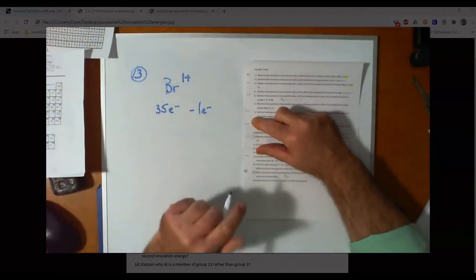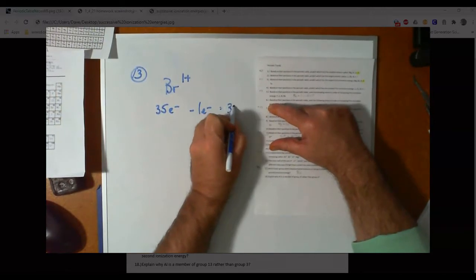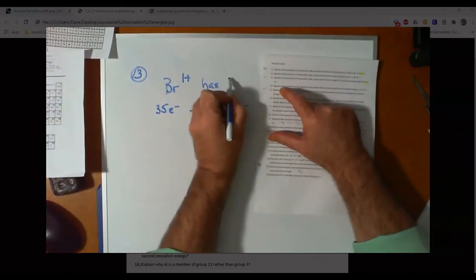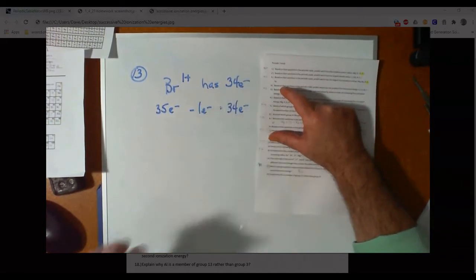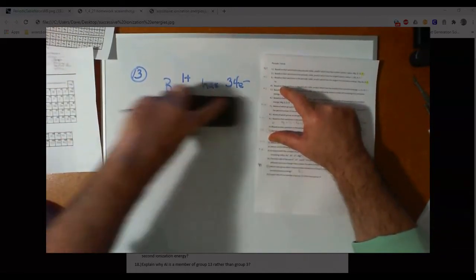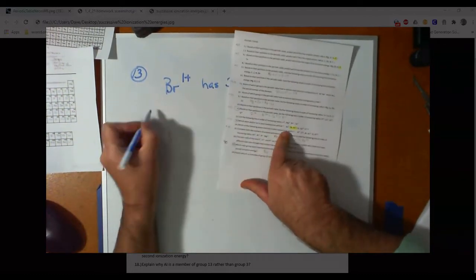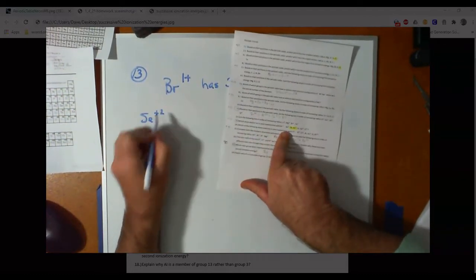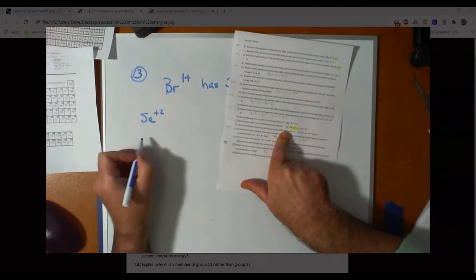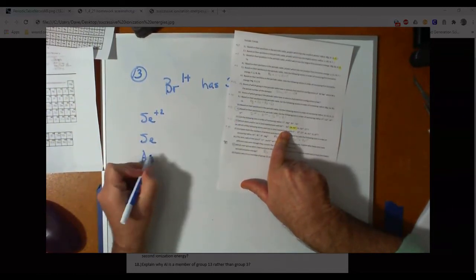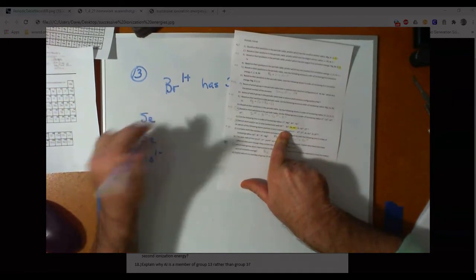That's where we get the +1 charge from. So that would be 34 electrons. All right. So we need to compare that against selenium 2 plus, selenium just the neutral atom, arsenic with a 1 minus, 2 plus.